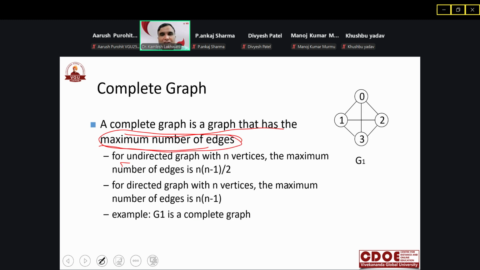And we have seen in the previous slide, in this case, you can say this graph G1 is a complete graph, because this graph has the maximum number of edges. Every node is connected to another node directly. Every node is connected to another node directly, right?